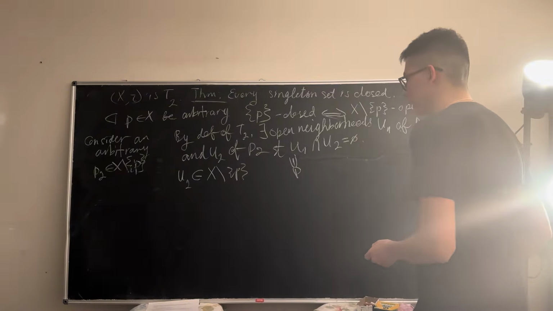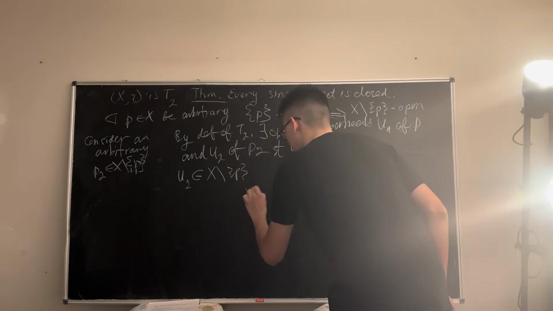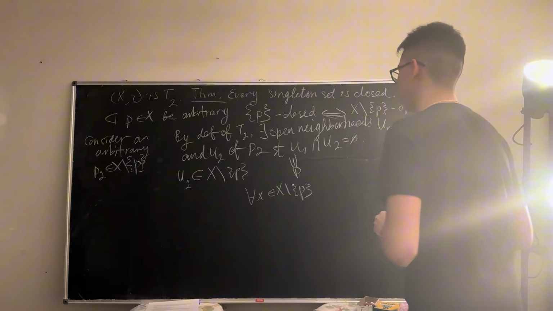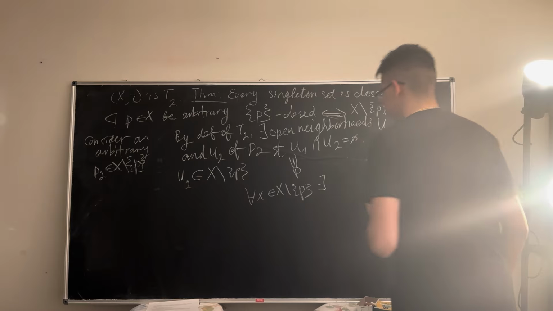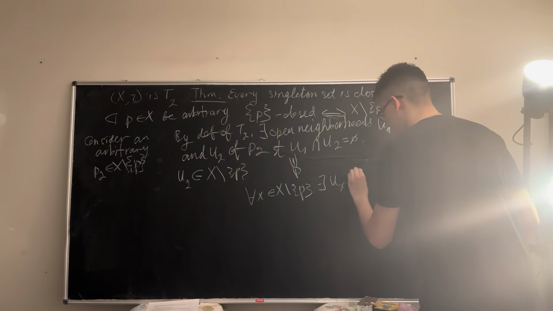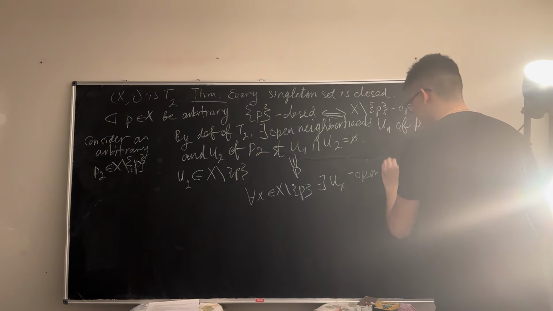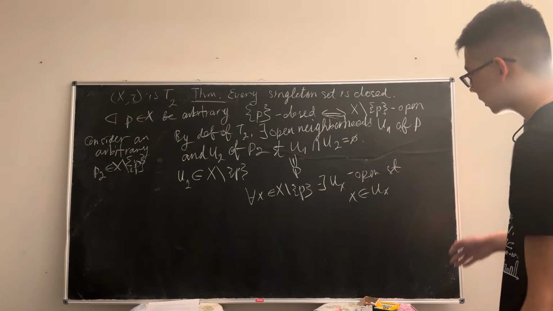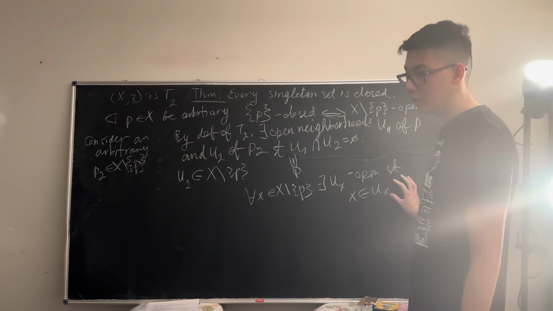Now, the other thing that I want to note is that for every x belonging to X excluding p, there exists a Ux, which is an open neighborhood, such that x belongs to Ux, which can obviously be done because of the way that we construct this.